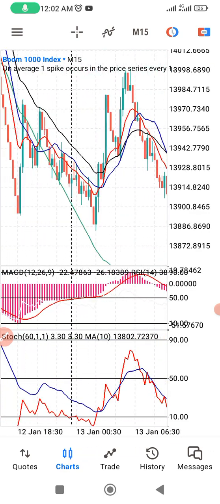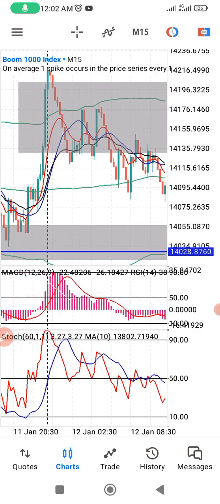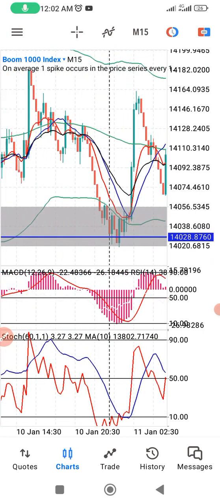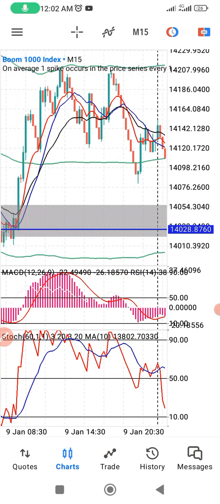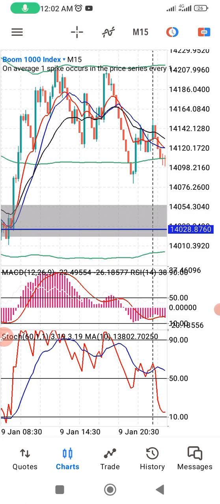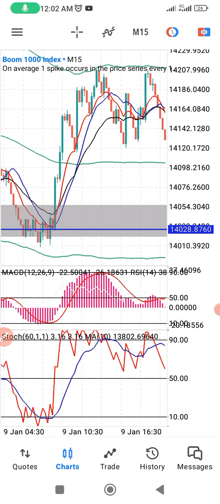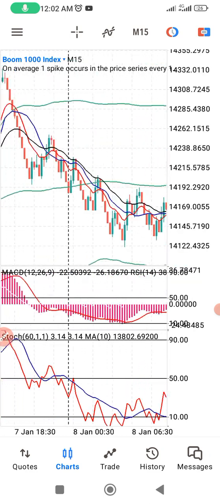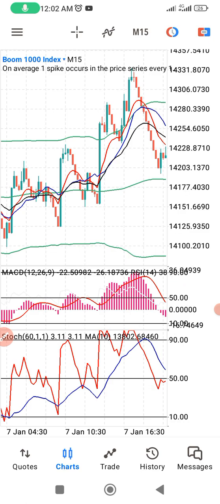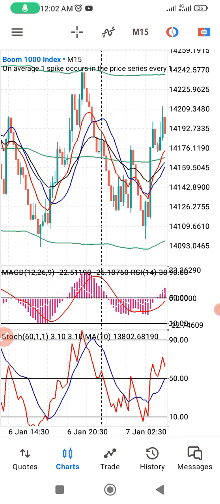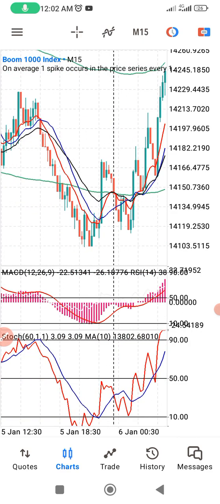So one of the tricks we leverage is the trick of divergence. And what is divergence? Divergence is when the indicator window is doing the opposite of what the main chart is doing. For example, if the market is making a higher high and the indicator is making a lower low, that is a bearish divergence.